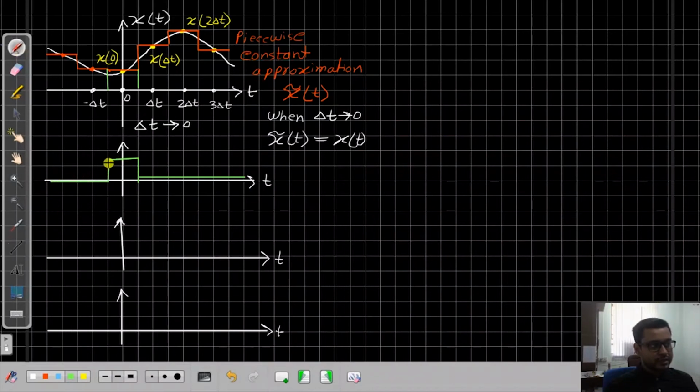Okay, so this signal is representing this part. Then consider this part, which I shall draw here.